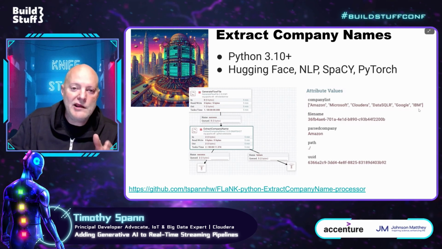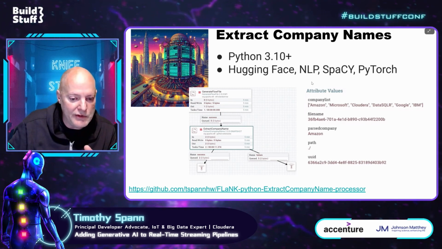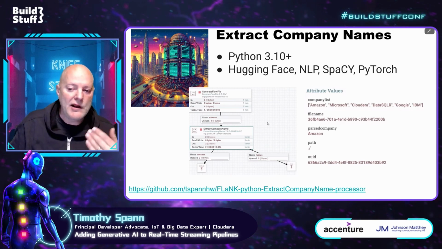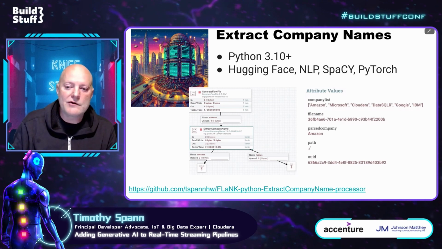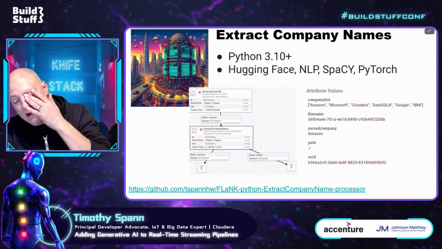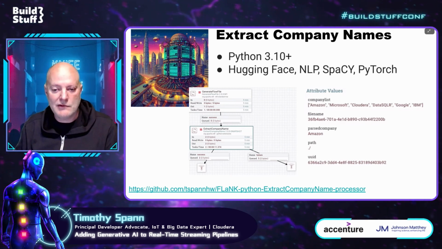So that makes it pretty easy for us to know how accurate things are coming through. Are we missing things? So with this one, I get those company names, because maybe you say, what's the current stock price for Microsoft? Well, I could send that to the LLM, and it could give me some good information on Microsoft.